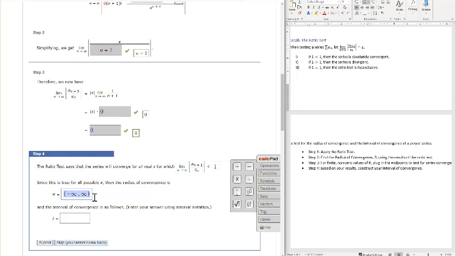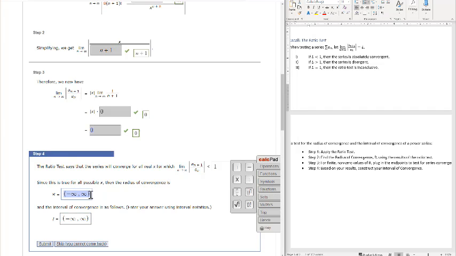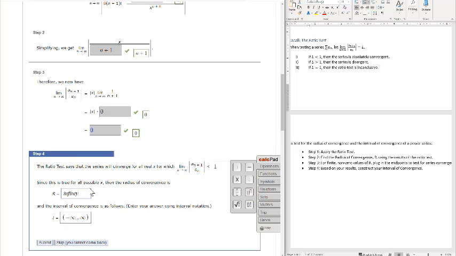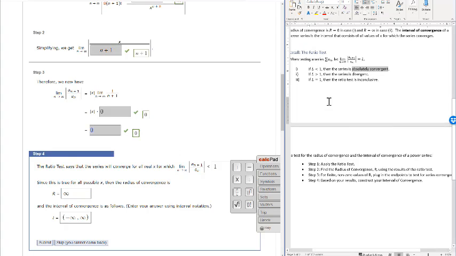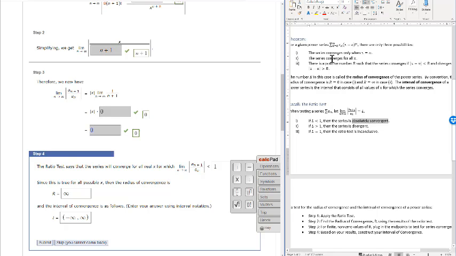And, well, your radius of convergence is really just infinity, sorry. So this is a case where it converges for all values of x. And if you have a radius of convergence that converges for all values of x, your radius goes off to infinity.